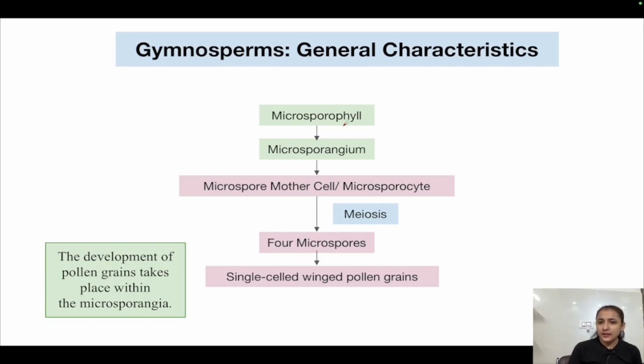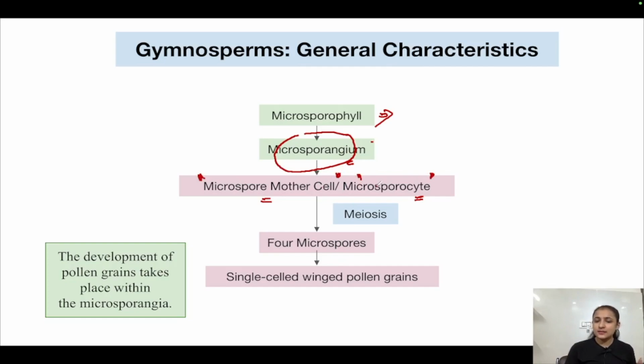Now, microsporophylls are bearing microsporangium. Inside each microsporangium, a microspore mother cell is present, and the microsporocyte, as we can call it, differentiates. Inside the microsporangium, one cell of the tissue present differentiates into a microspore mother cell or a microsporocyte.